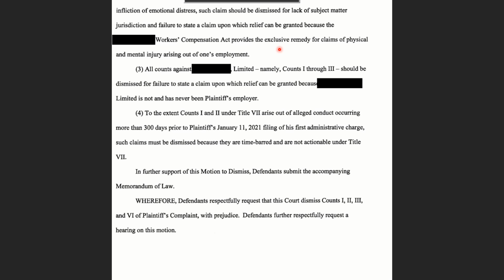Now, the defendants asked the court to dismiss counts 1 through 3, and I want to focus on counts 1 and 2. They asked that the counts 1 and 2 be dismissed for failure to state a claim upon which relief can be granted because the company is not and has never been plaintiff's employer.